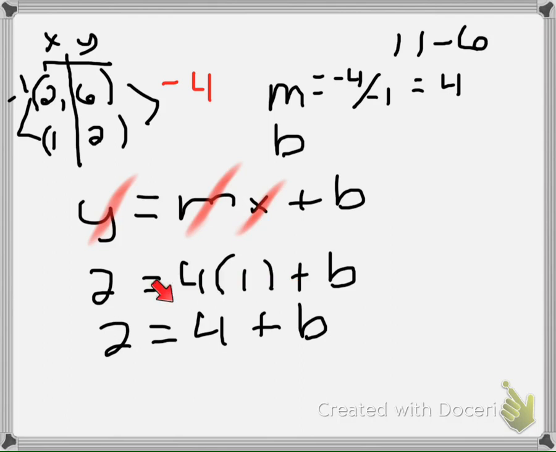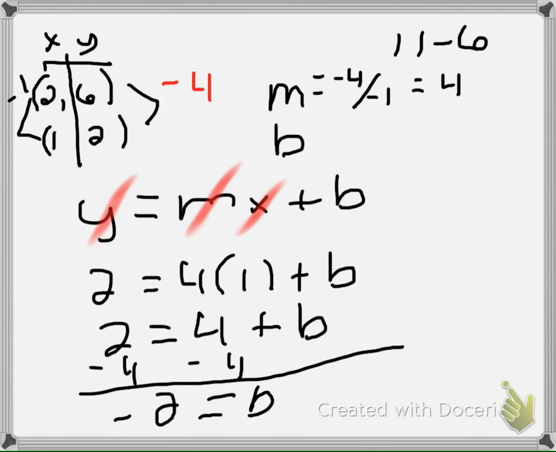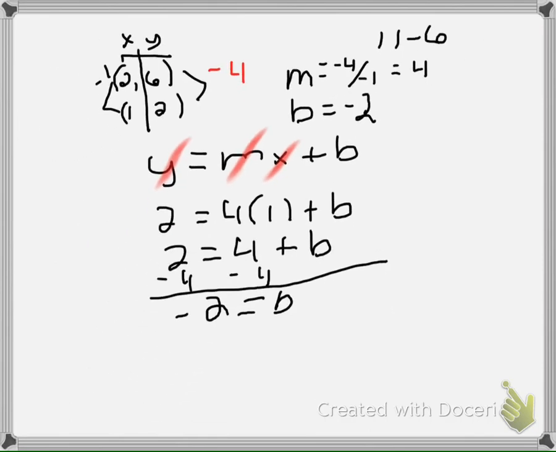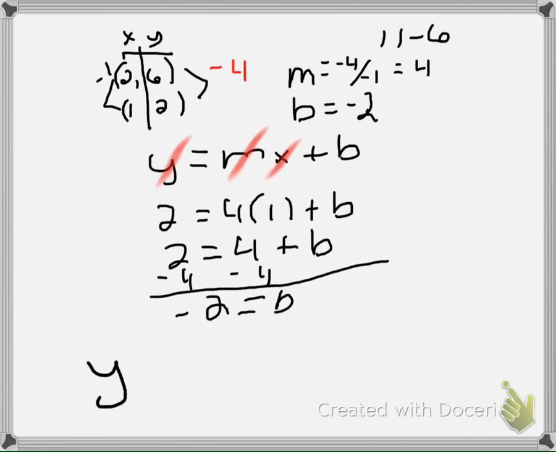To get the B by itself, subtract 4 on both sides. Now I have my B, and I'm ready to write my equation. Y equals M X plus B. We don't write plus -2, so I erase that plus sign and write just -2.